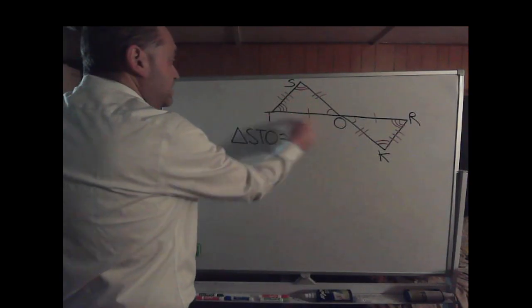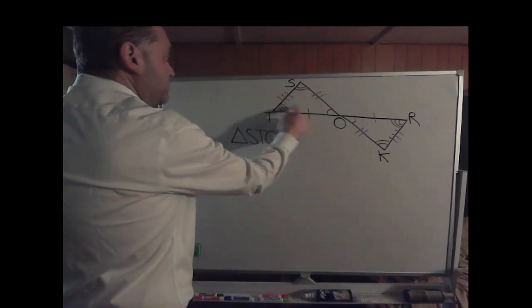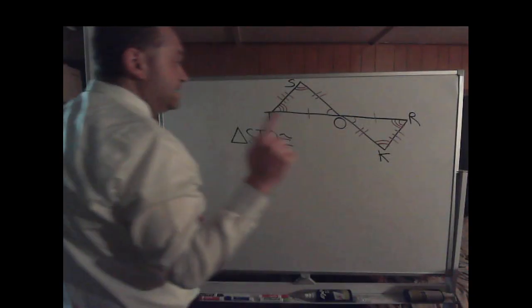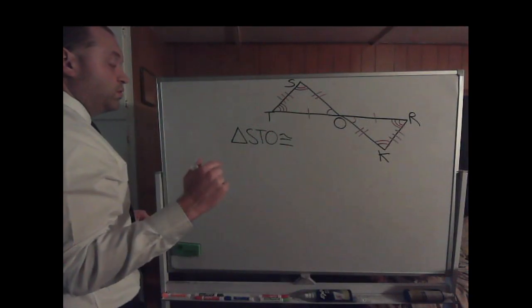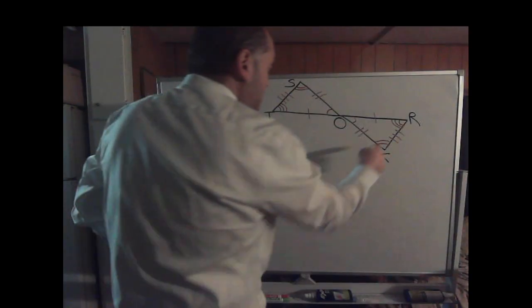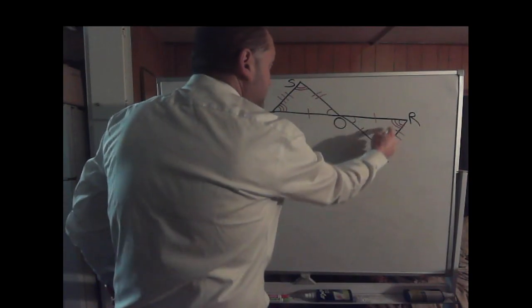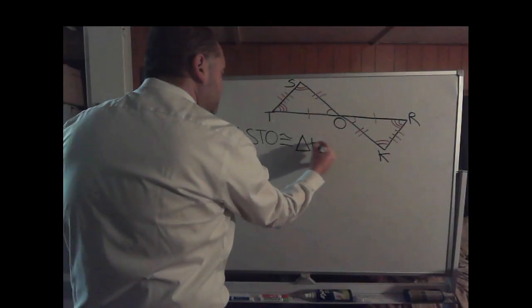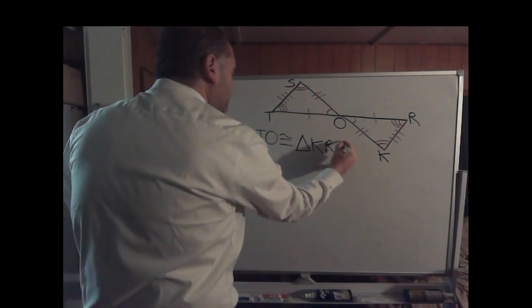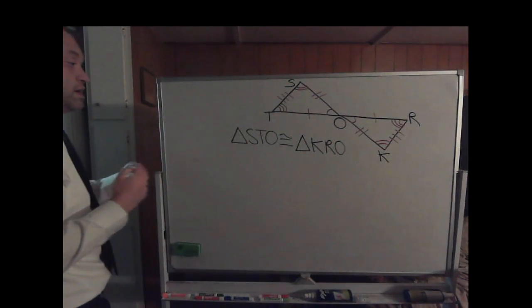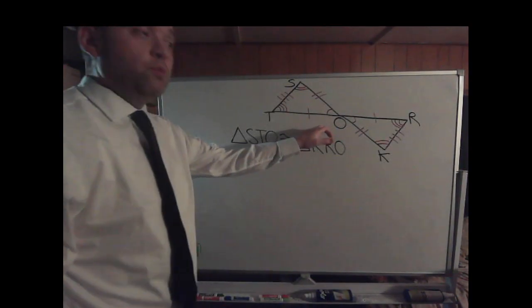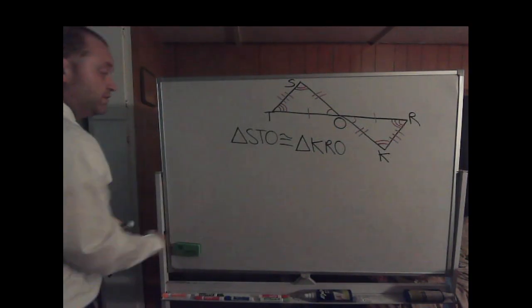So STO goes 2, 3, 1 for the congruency markers on the angles, which means you want to do the same thing for the next triangle. Go 2, 3, 1, which would make it KRO. So triangle STO is congruent to triangle KRO. So yes, when you are not given congruency markers, you probably want to establish those for yourself first.